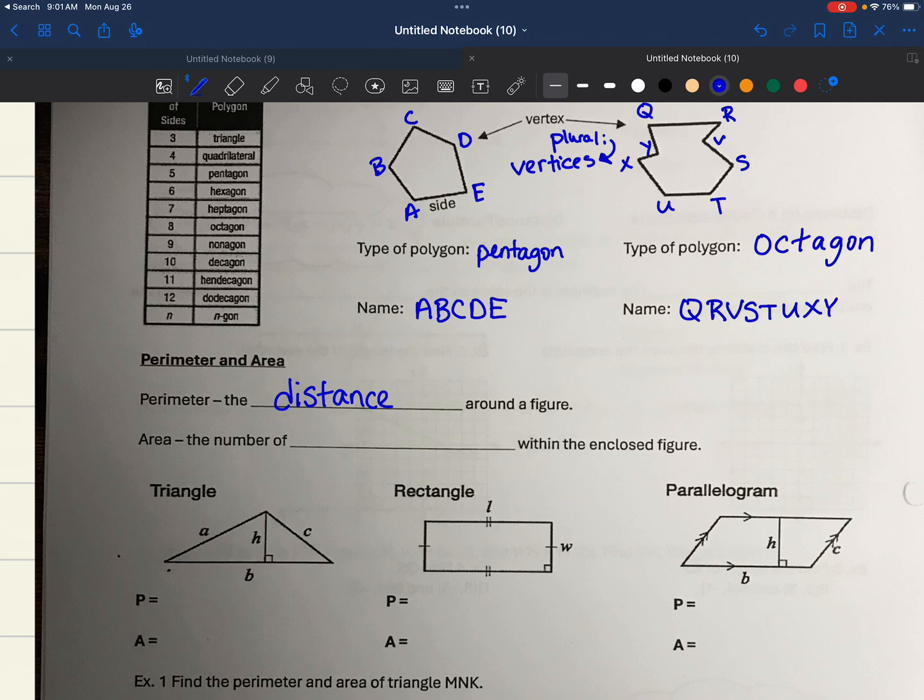I need to know the perimeter because I'm going to fence in the whole backyard. Agree? Okay. If I want to find area of my backyard, what would that be for? What do you normally have in your backyard? Grass, right? So if I'm going to put sod in my backyard, I would need to know the area, which is the number of square units enclosed within a figure.